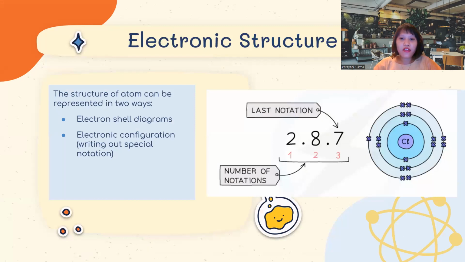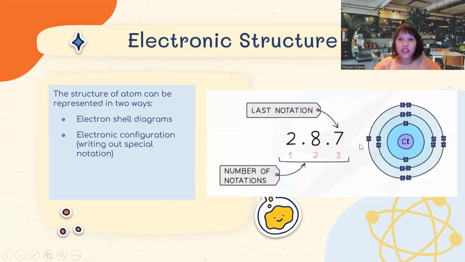So first we talk about the atom. The structure of the atom can be represented using a diagram. There are two ways to represent the atom using a diagram. The first one is using the electron shell diagram, and the second is using the electronic configuration, which is writing out electrons in a special notation.